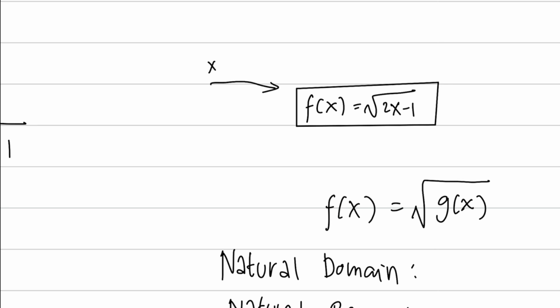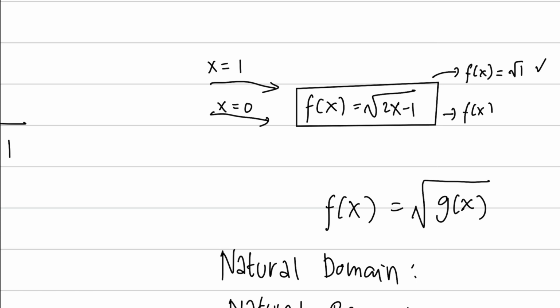Well, can we put x = 1? You calculate and you will get f(x) = √1. It's okay, no problem. Can we put x = 0? There's a problem here.